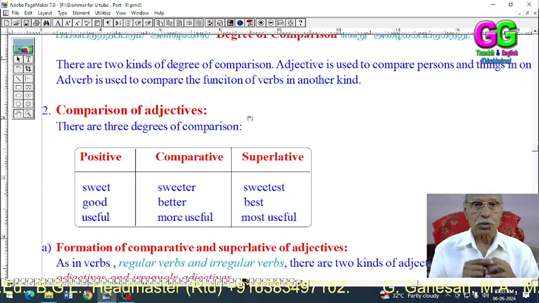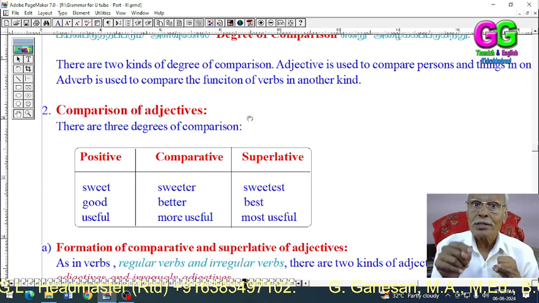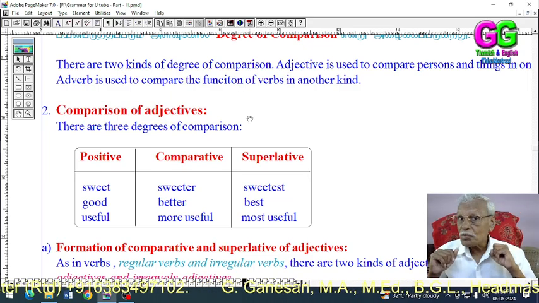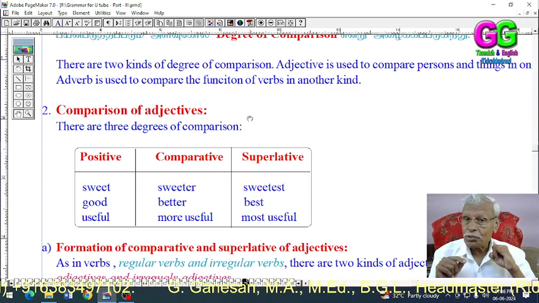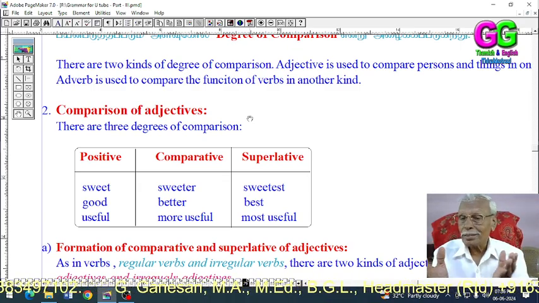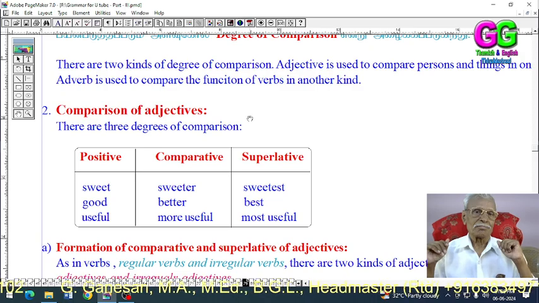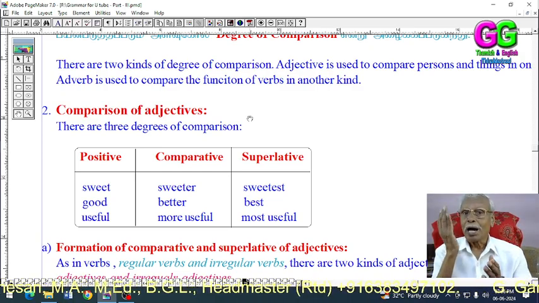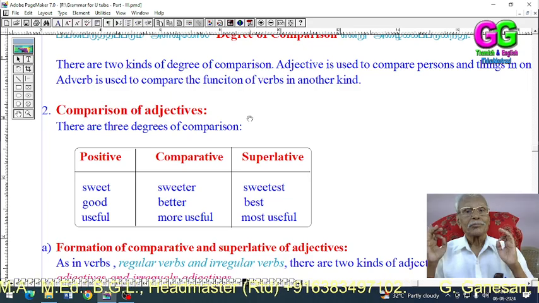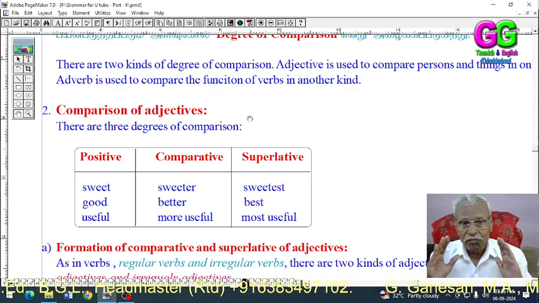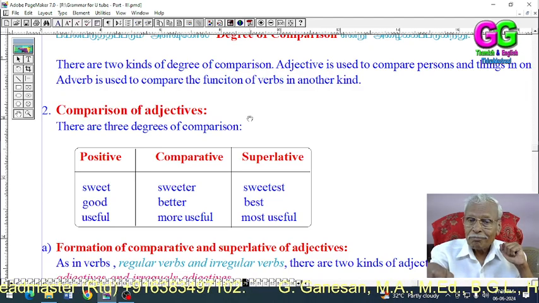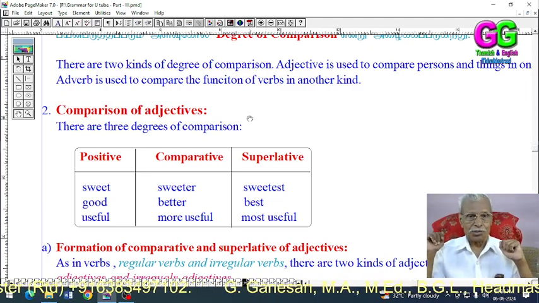Adverb is used to compare the quality of the verb. In adverbs, the quality of the verb is used in the 3 degrees.